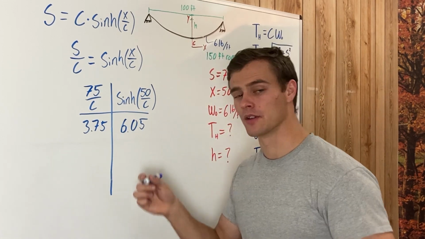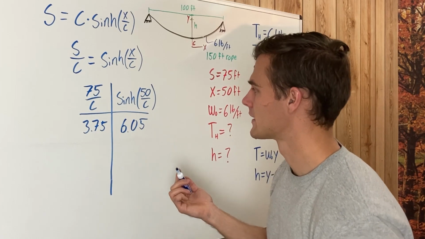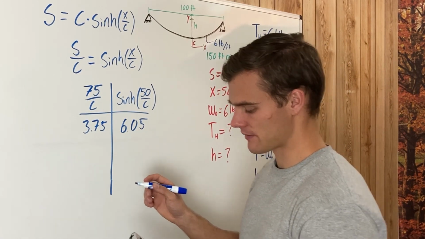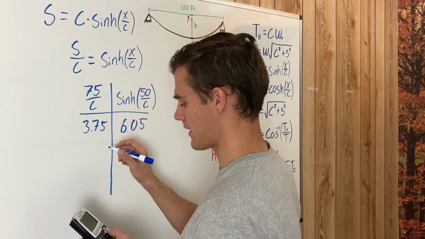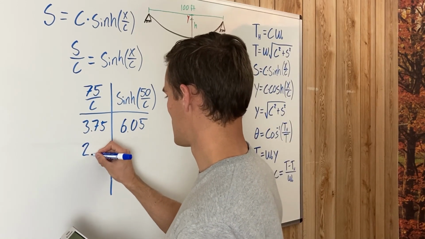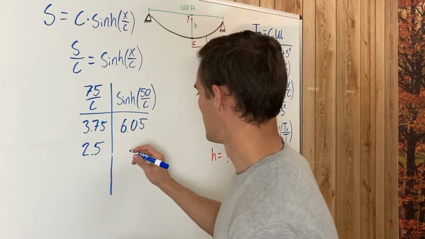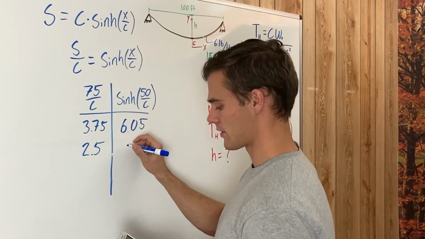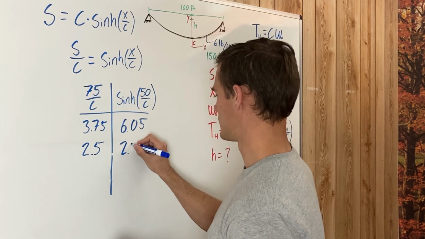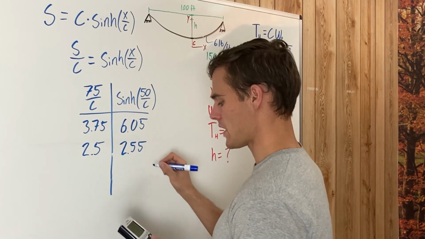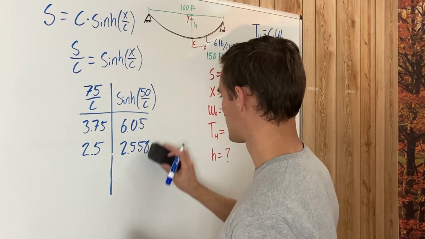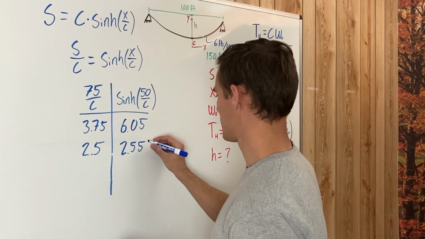From there, we don't really know whether they go up or down. We just have to guess. We're going to go with 30. 75 divided by 30 is 2.5. And then the hyperbolic sine of 50 divided by 30 is actually 2.5528. And so we're pretty close there.